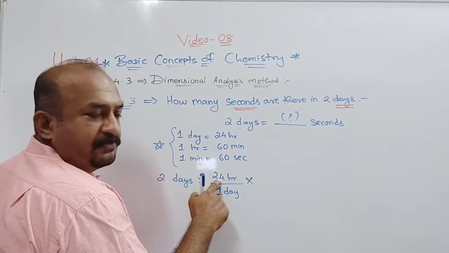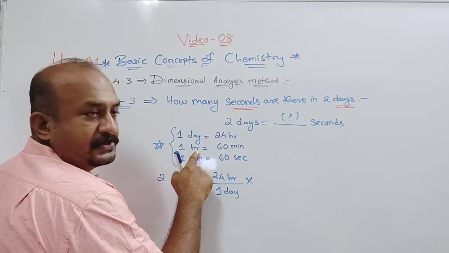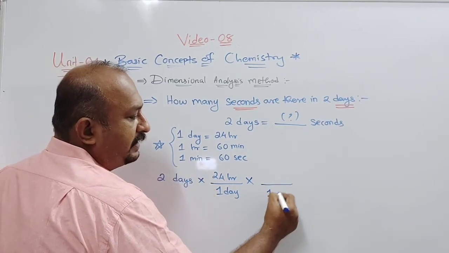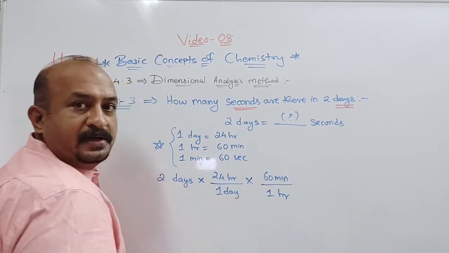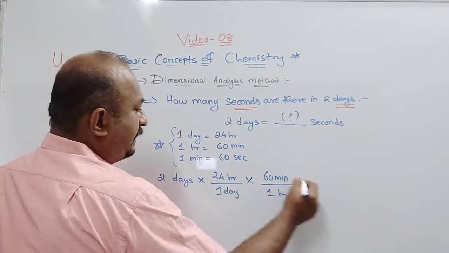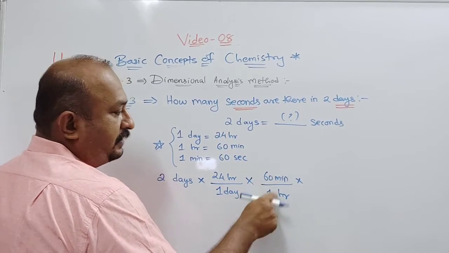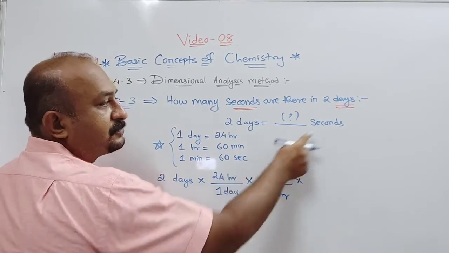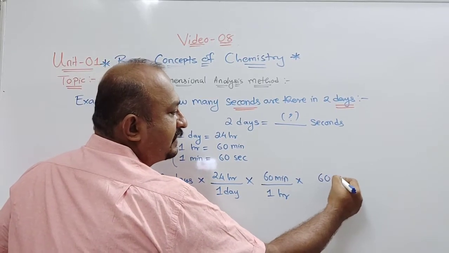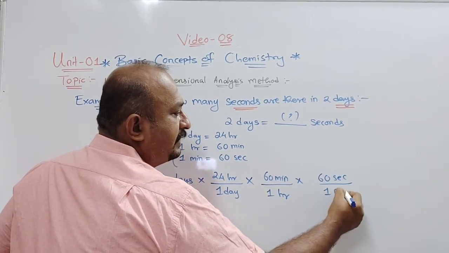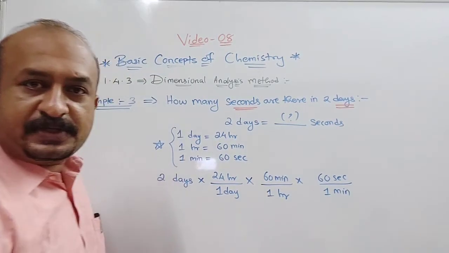Now 1 day is equal to 24 hours, so hour 1 now here it is. So what I write here, 1 hour is equal to 60 minutes. Understood? And now minute is there. I want the answer in seconds, so second must be written where? In the numerator. So what will come here? 60 seconds. That is 1 minute is equal to 60 seconds.